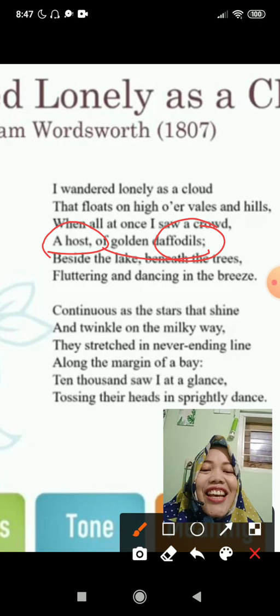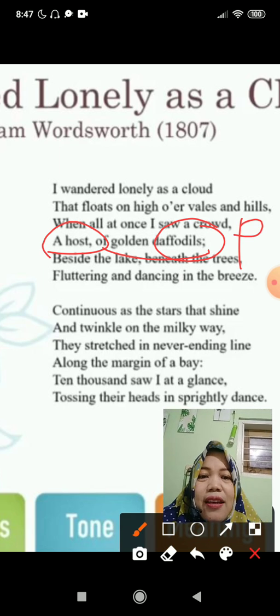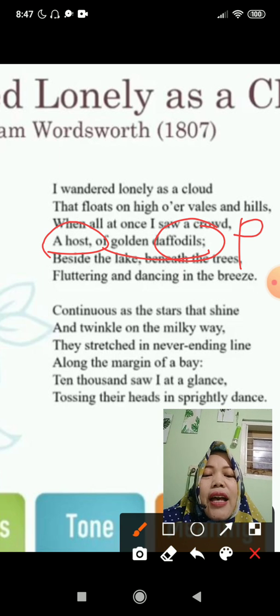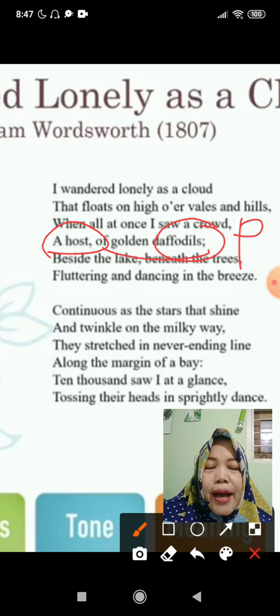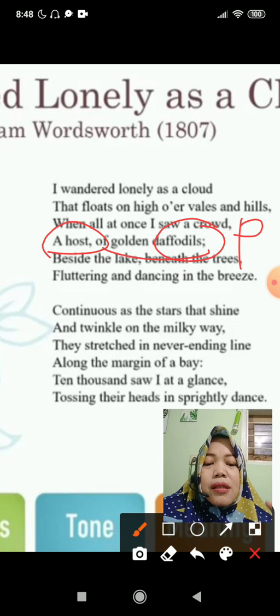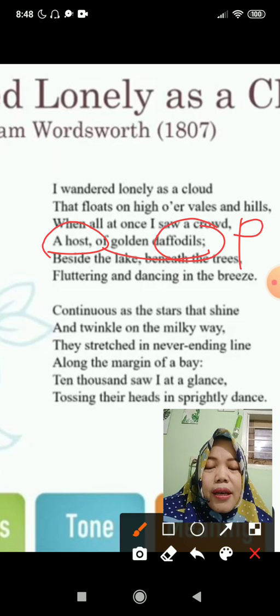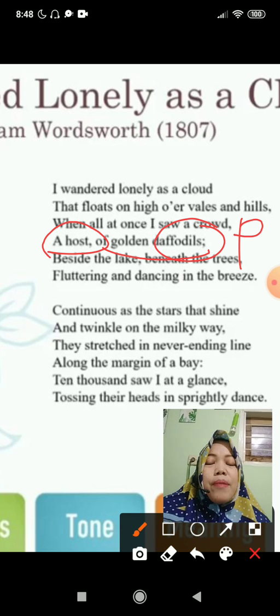Okay, good. That is personification. And then besides the lake, beneath the trees itu masih kata-kata yang biasa karena memang daffodils itu bunga semak yang memang hidupnya besides the trees and the like of that, ya, tapi tidak di lake pun juga bisa.